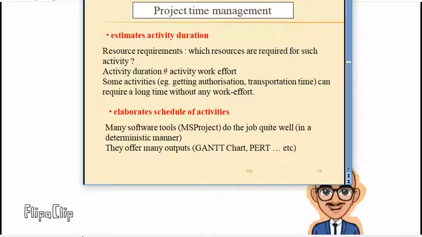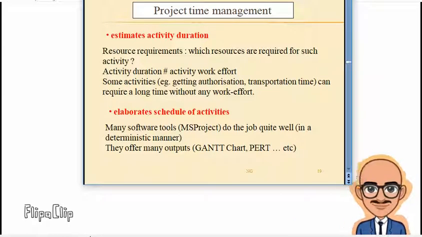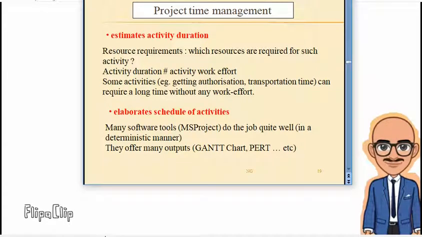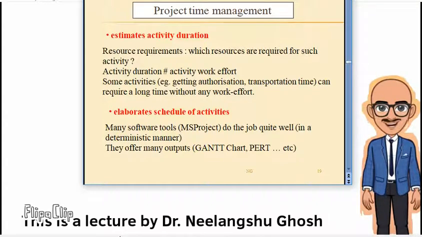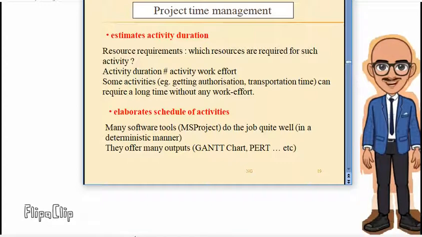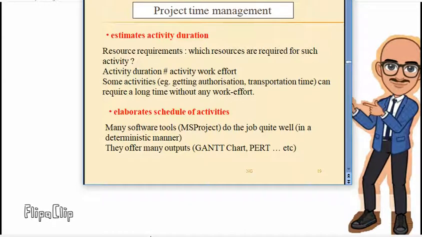Then the elaborate schedule of activities: there are many software tools nowadays like MS Project, Net Chart, Part Chart, and all those tools help you to decide what the critical paths and critical activities are, and what the expected duration of the project could be.